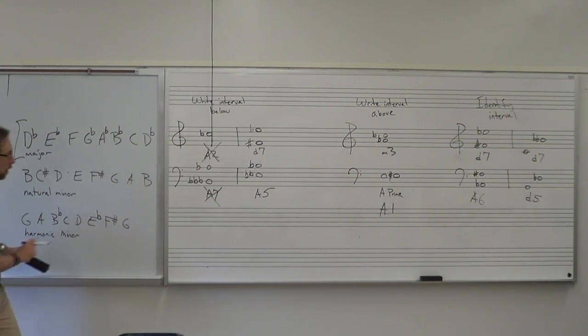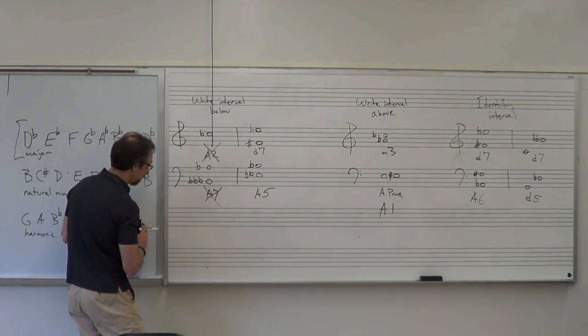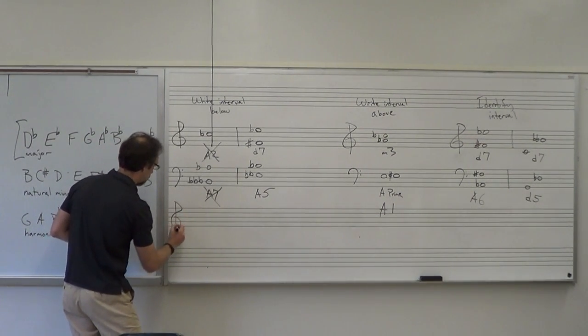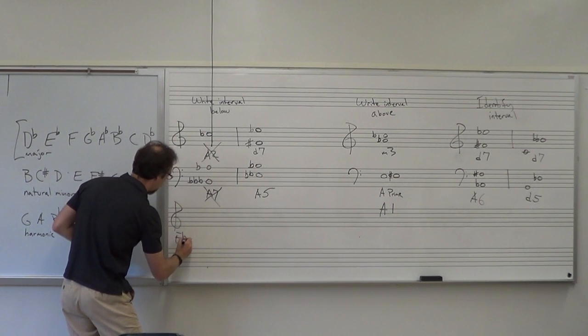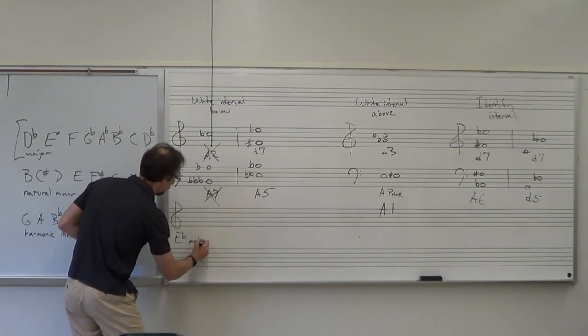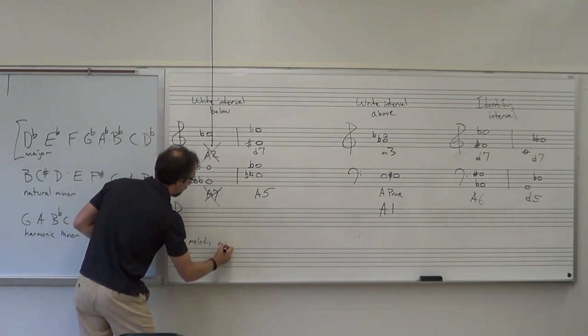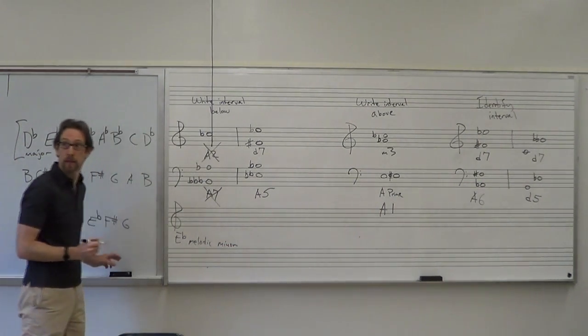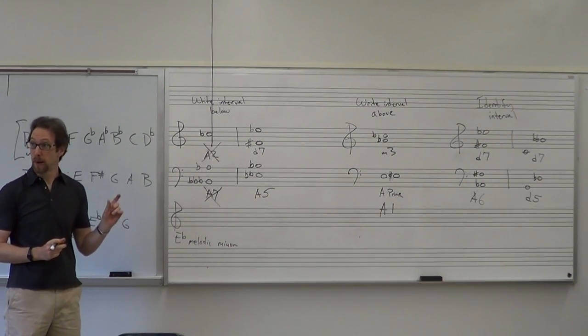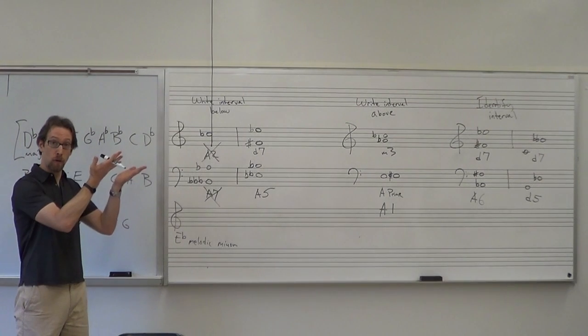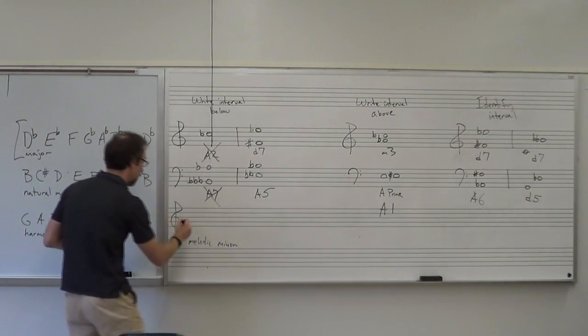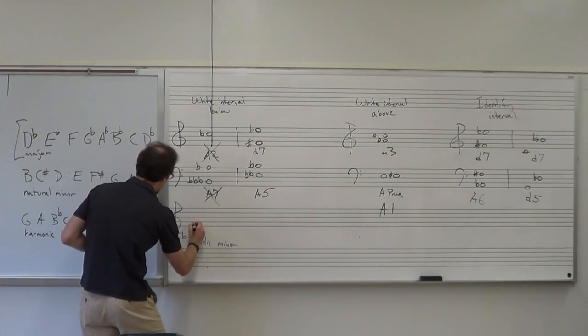And then lastly, and I'm going to do that right over here, E flat melodic minor. Now melodic minor, as you remember, has an ascending form going up and descending. So first I write out my major scale.